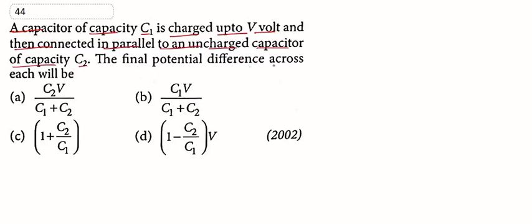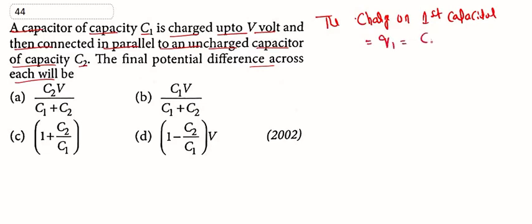The final potential difference is asked. First, the charge on the first capacitor is equal to C1V, because the capacitance is C1 and the voltage is V.